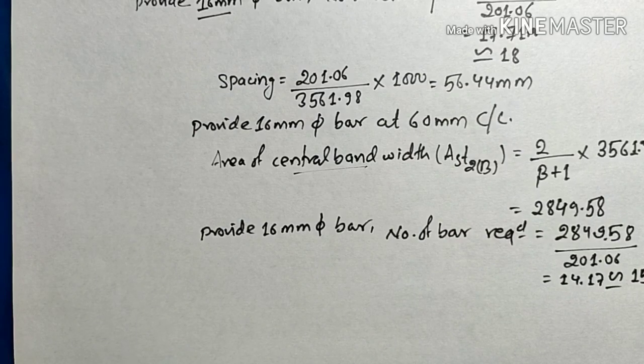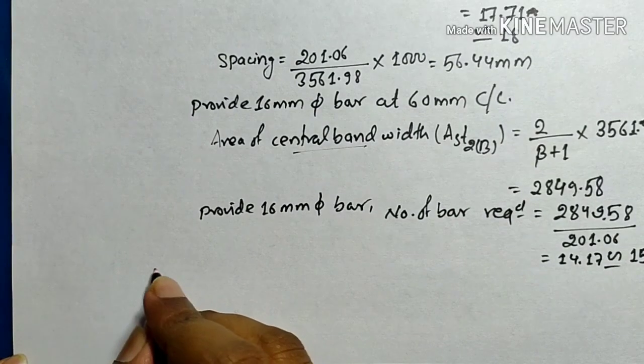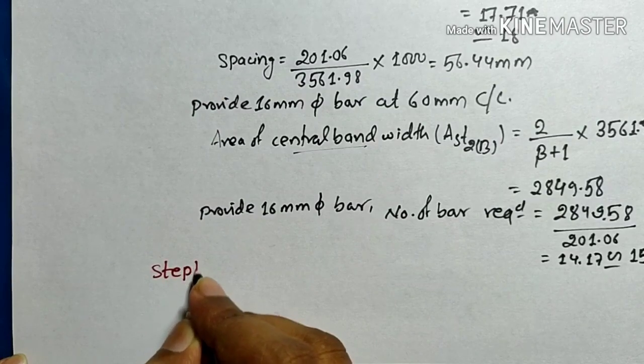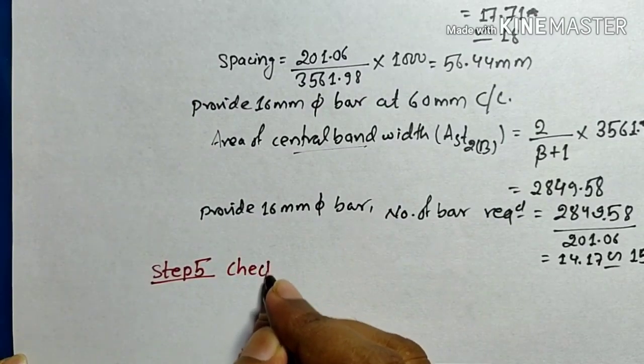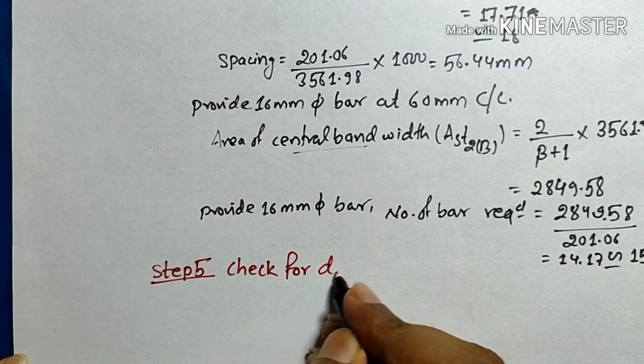Now we are at our final step, which is step 5. Let's apply the check for development.